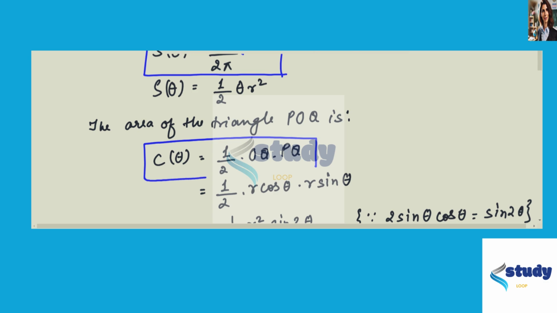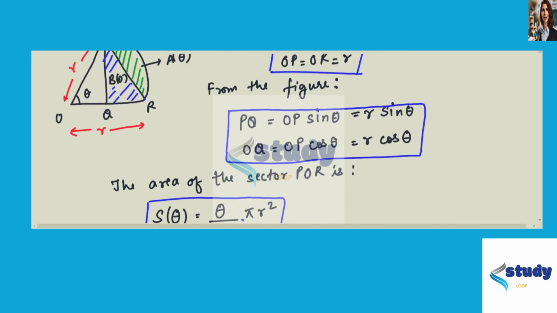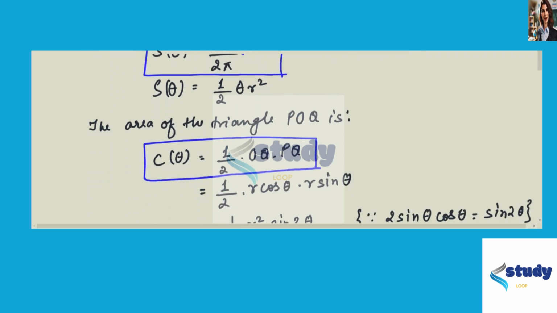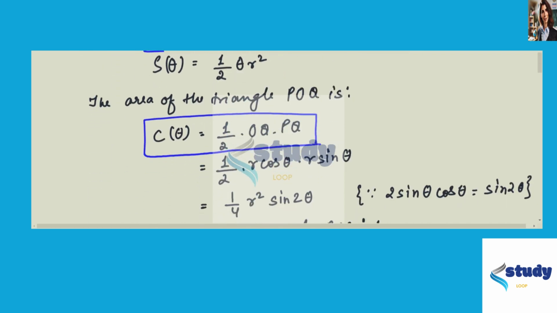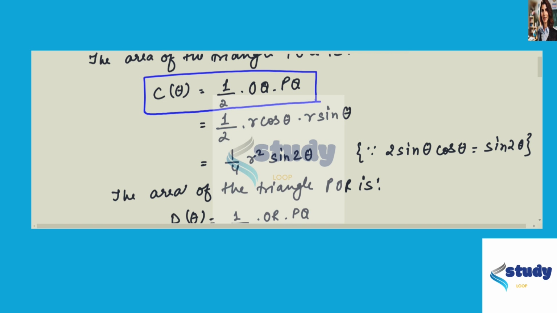For triangle POQ, the base is OQ and the height is PQ. We have already found these values, r cos theta and r sin theta, right? So this will give us 1 by 4 r square sin 2 theta. Why? Because we know the formula for sin 2 theta is 2 sin theta cos theta.